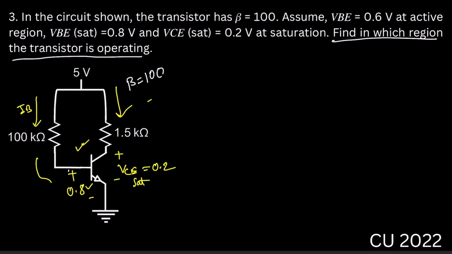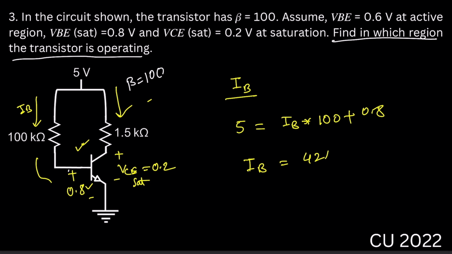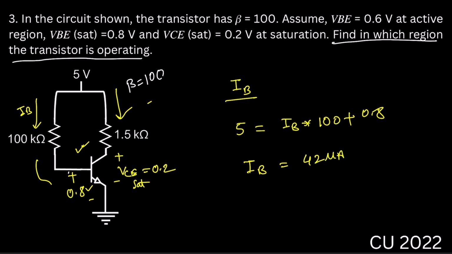Now let's calculate IB. We can write 5 equal to IB into 100 plus 0.8. So IB equals 42 microampere. Now we need to calculate the value of IC.